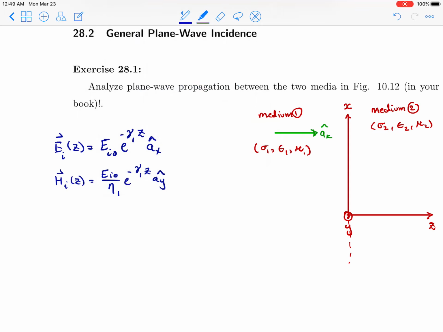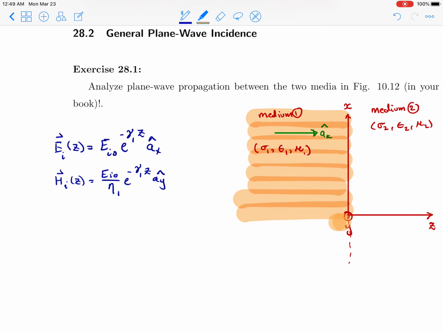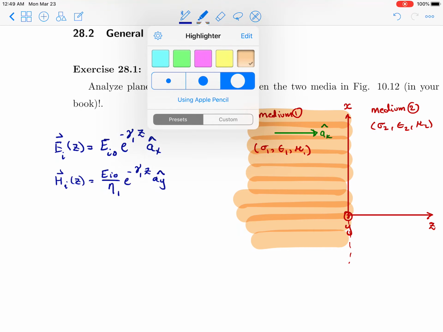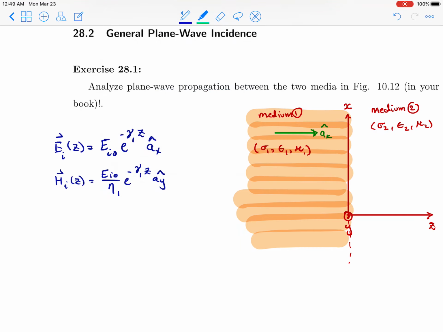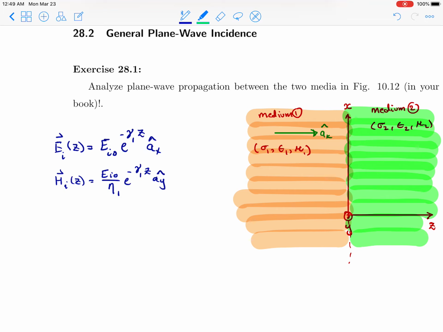This half space, let me shade it, is medium 1, and it extends to infinity. Similarly, that half space is medium 2, and extends to infinity. We want to know the fields in medium 1 and the field in medium 2.